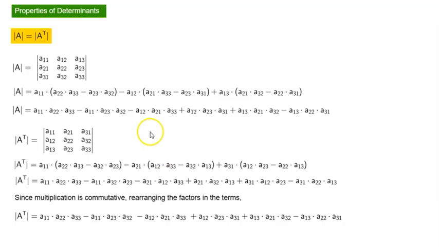Now A12 times A21 times A33, A12 times A23 times A31, A13 times A21 times A32, and similarly the last. So term by term when we compare, they are all equal, which means that the determinant of A is equal to the determinant of the transpose of A. So that was our first property.